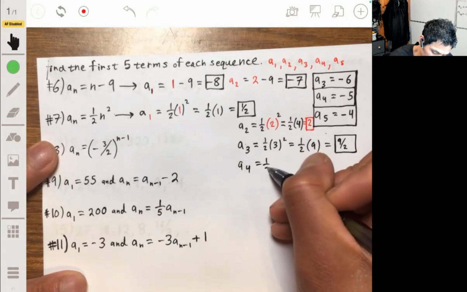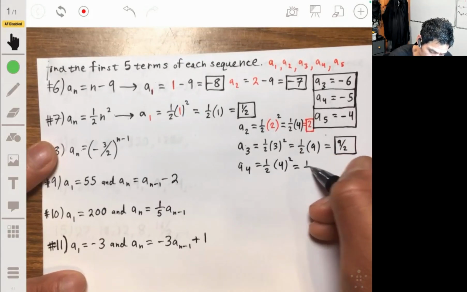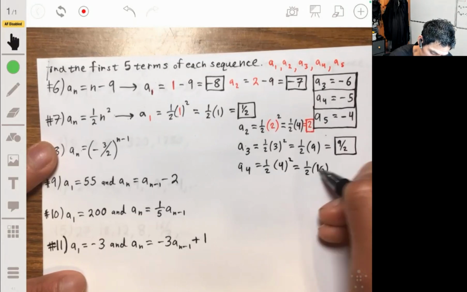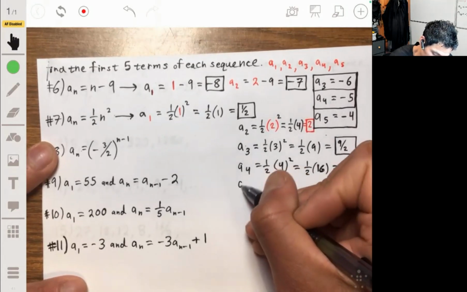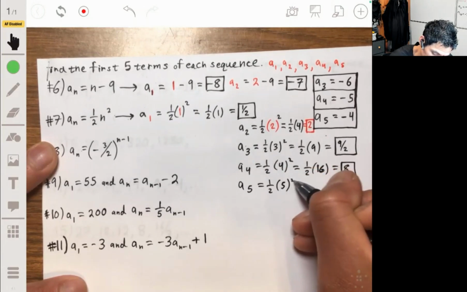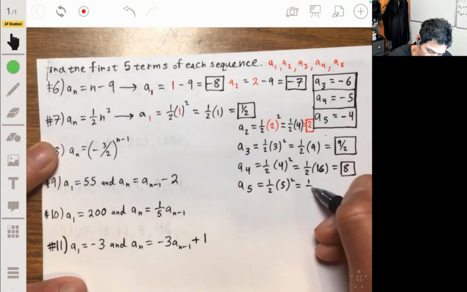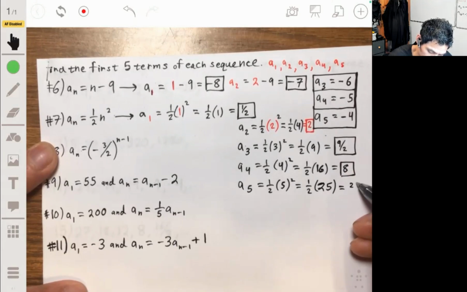A4, 1/2 times 4 squared, so 1/2 times 16, 8. And A5 will be 1/2 times 5 squared, so 1/2 of 25, so 25 halves.